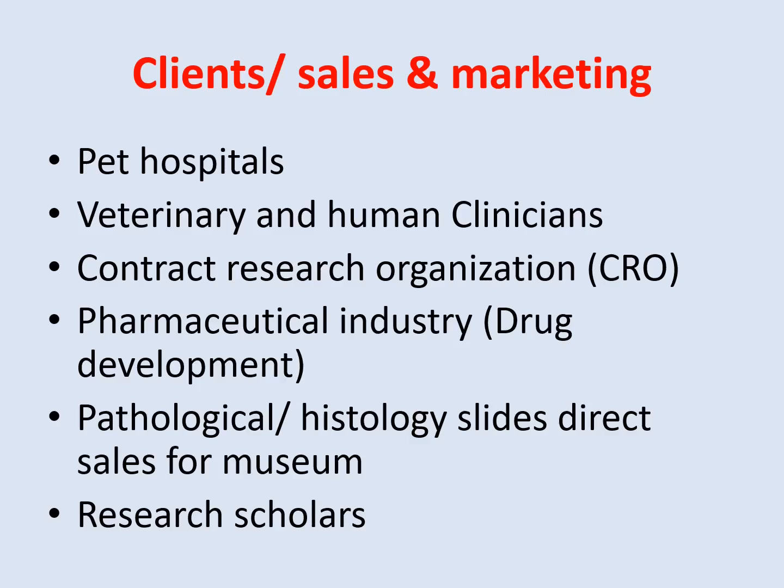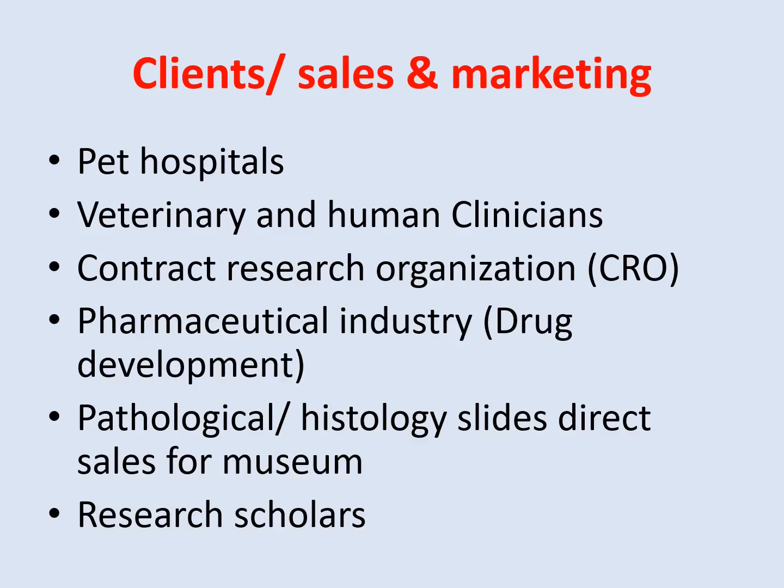Now again, another is pathological and histological slides for direct sales, for museums. You know that in many colleges, in medical colleges, in normal colleges, the faculty has a regular need of some slides, some specific pathological conditions, some normal histological slides.